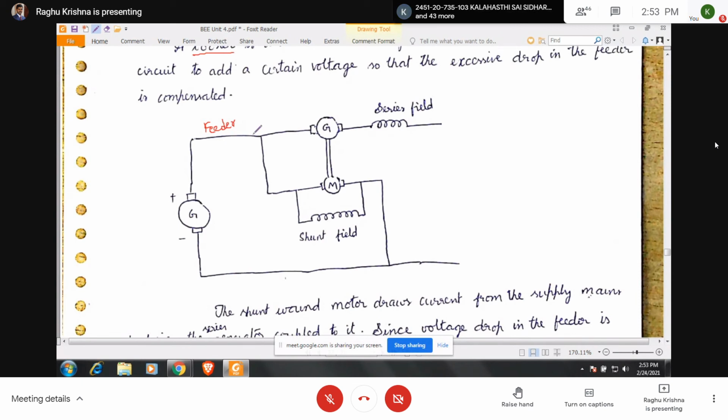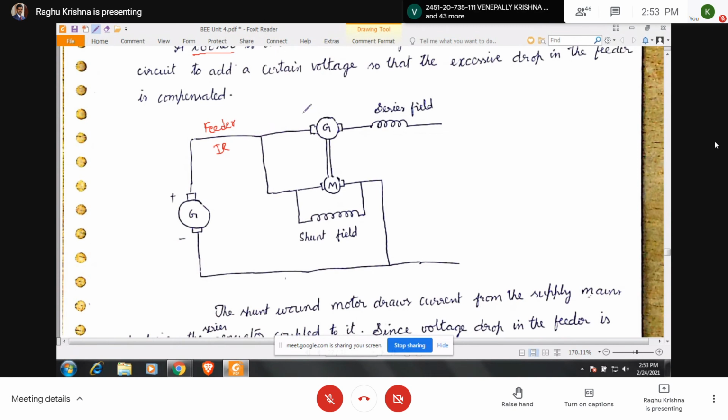As the current increases, the voltage drop increases, the IR drop. As the length of the feeder is more, the drop is more. So if at this point we are having less voltage, we have to increase the voltage.